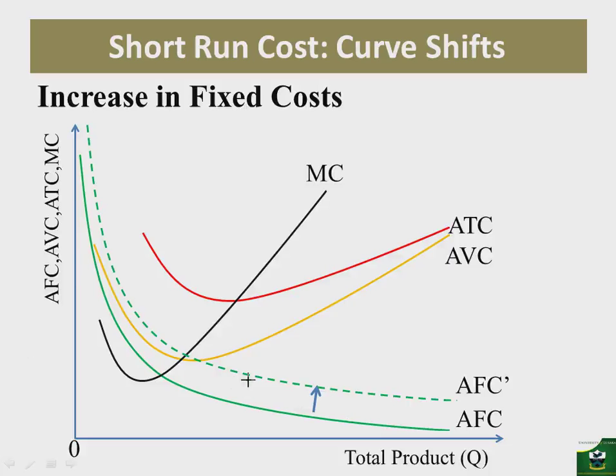Now, if you again recall our equation, that our average total cost is equal to average fixed cost plus average variable cost.